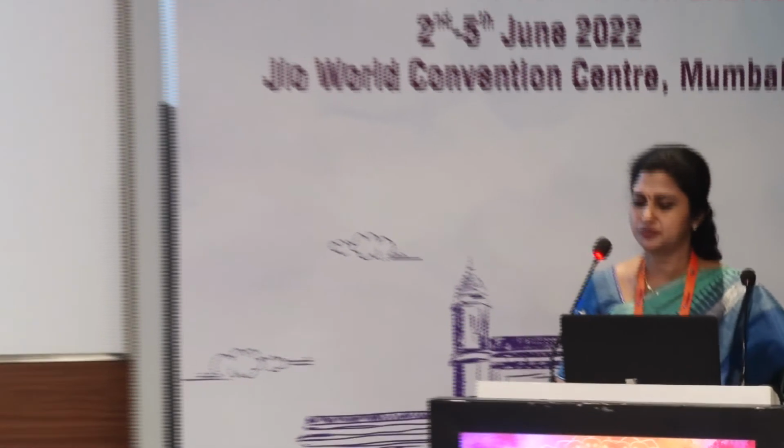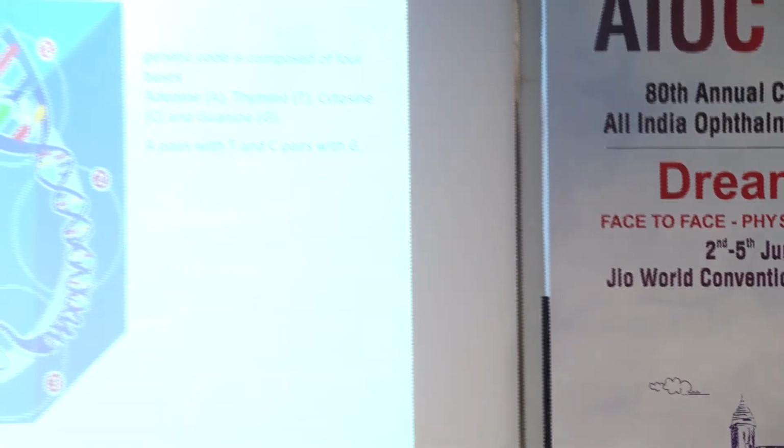First, for all of us to understand, we need to understand the four bases that are very important: adenine, thymine, cytosine, and guanine. Any skewing in these is what results in the formation of a retinoblastoma or a tumor.